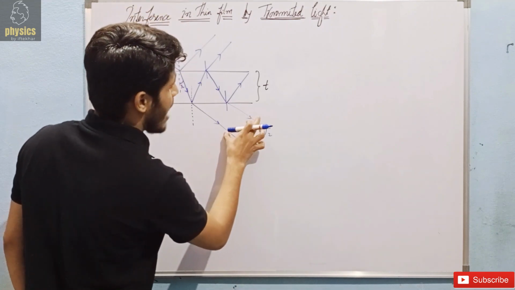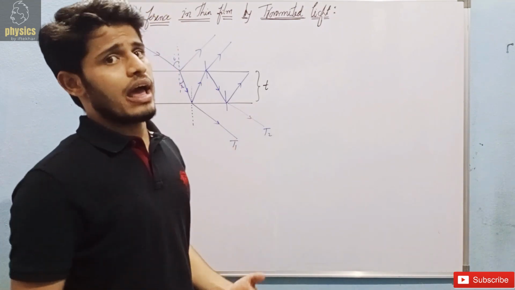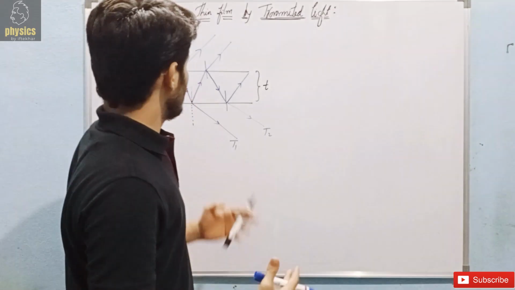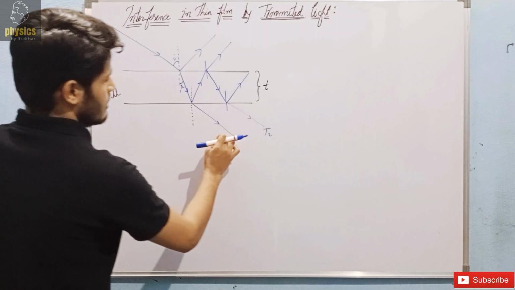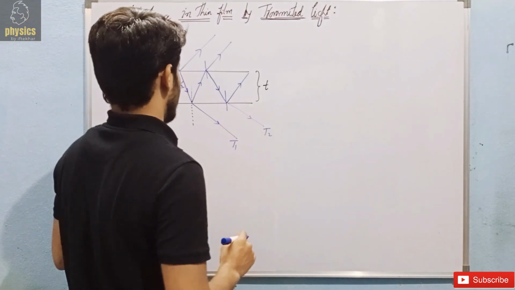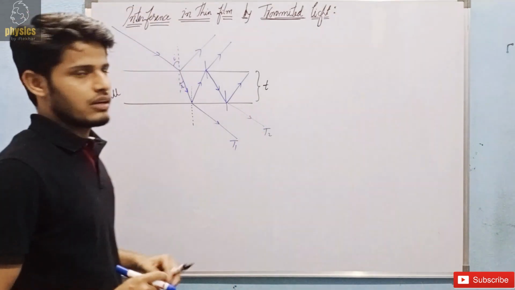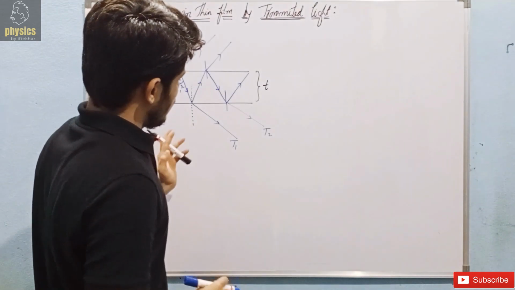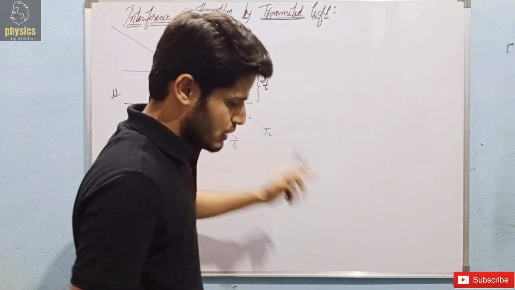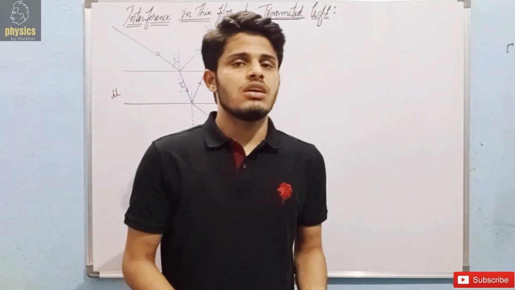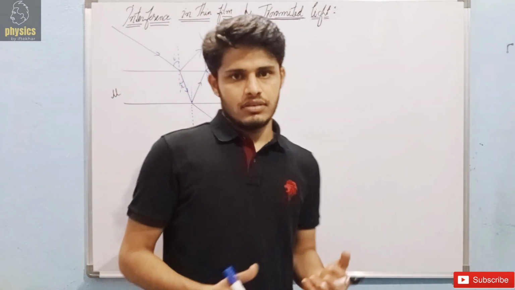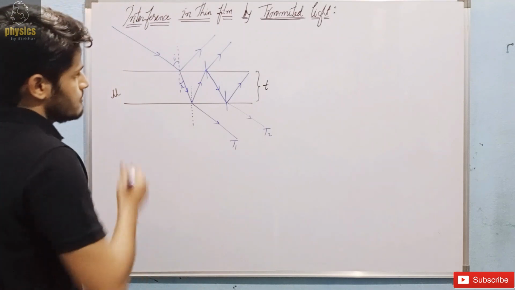They won't have exactly equal amplitude. The amplitude will be comparatively different. What kind of changes do we see in the interference pattern if the amplitudes are not equal? I'll come back to that in a minute.